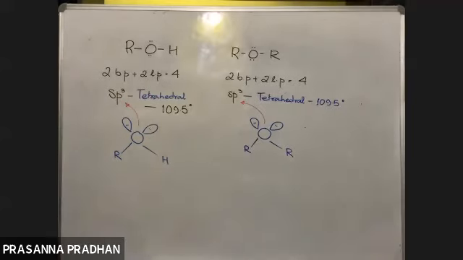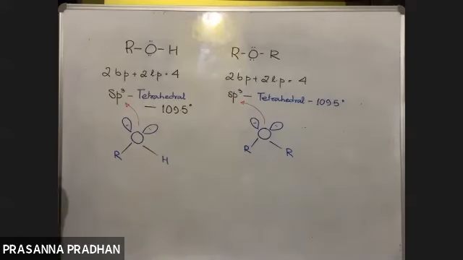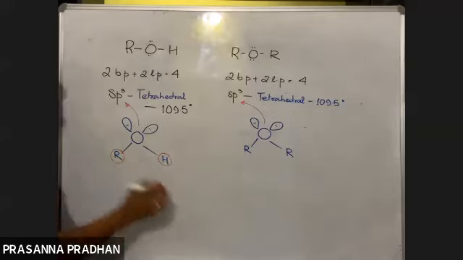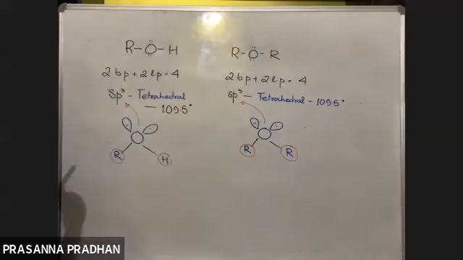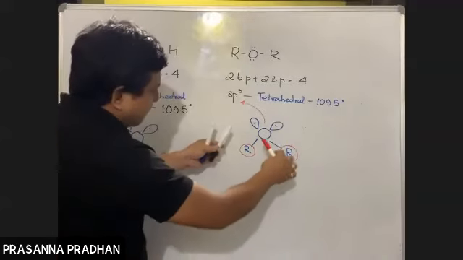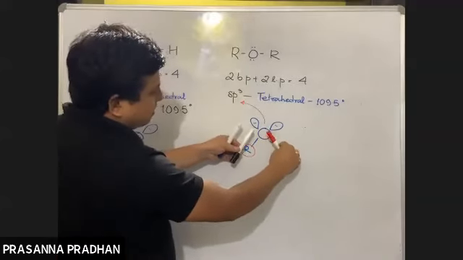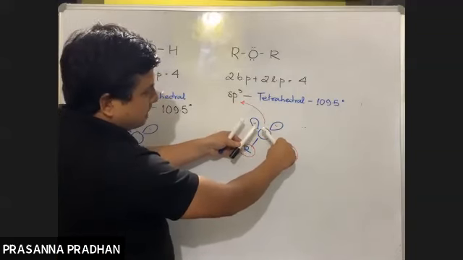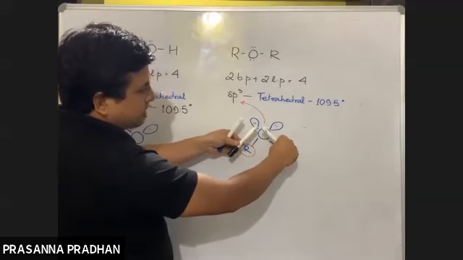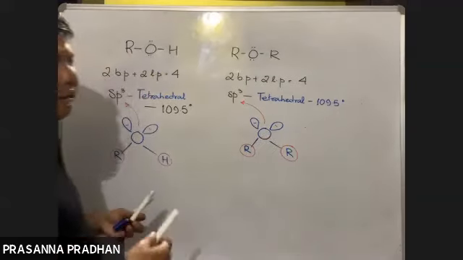What should be the explanation? Due to the repulsion of the two alkyl groups. Very good. So here in case of alcohol, we have a small hydrogen atom and an alkyl group. But here we have 2 large alkyl groups. Due to steric repulsion, if these groups are close to each other, they will repel each other. To minimize this repulsion, they move away from each other, causing a greater bond angle.